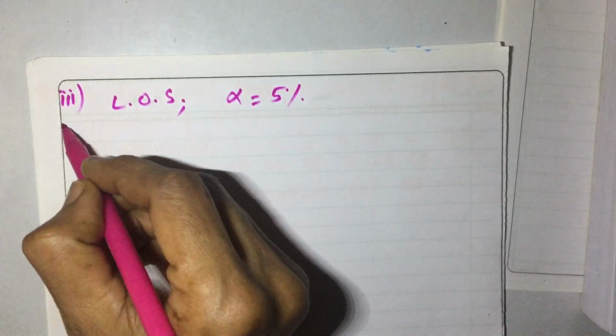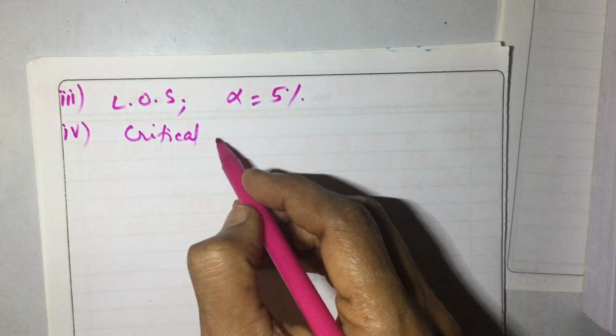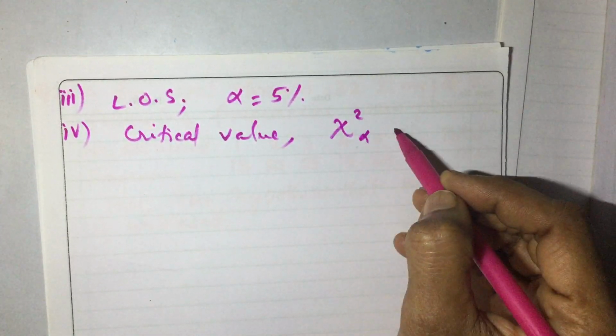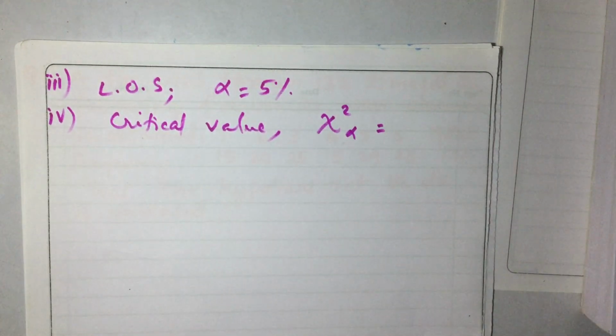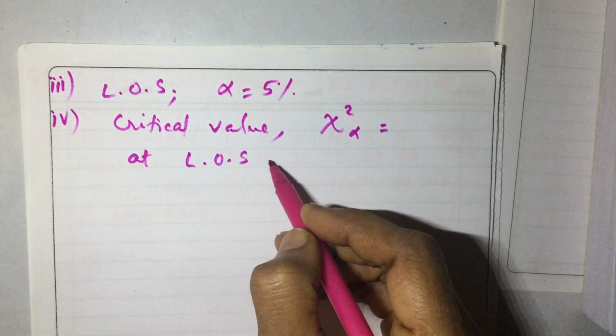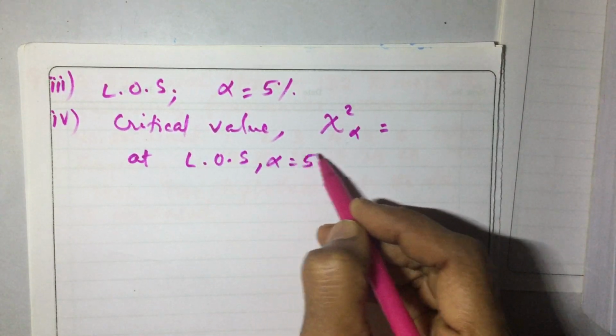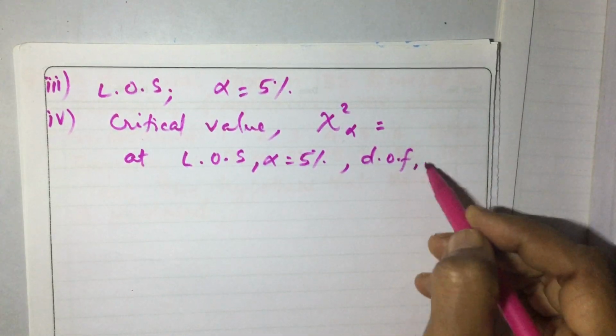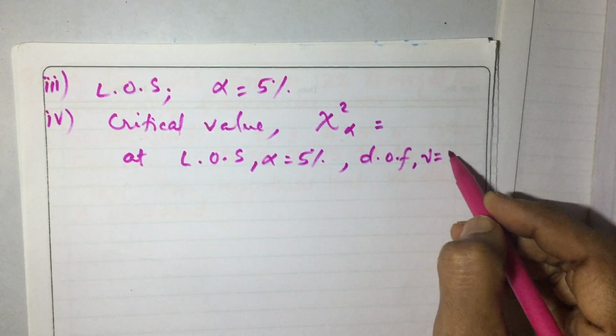Then the corresponding critical value, chi-square alpha, at level of significance alpha equal to 5% and degrees of freedom nu equal to N minus 1.